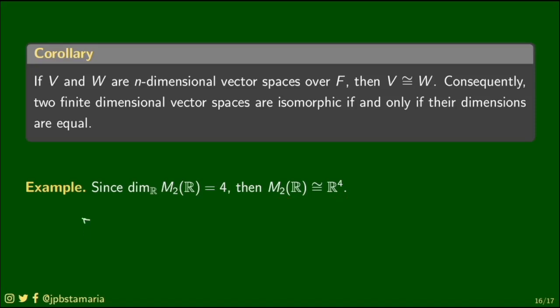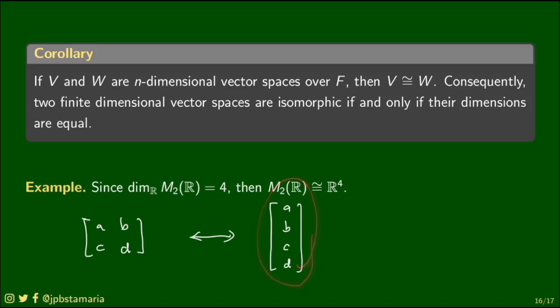Why? Because every 2 by 2 matrix is of this form. I can think of this simply as a vector (a, b, c, d) if I want. Whenever I add two matrices of this form, I could simply add two vectors of this form as well.